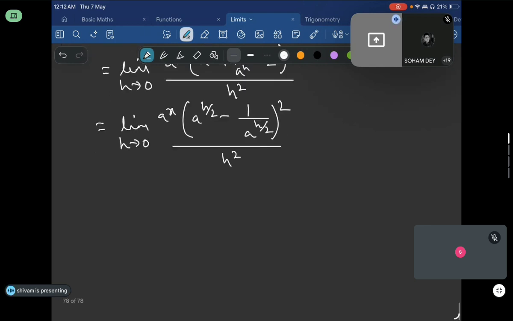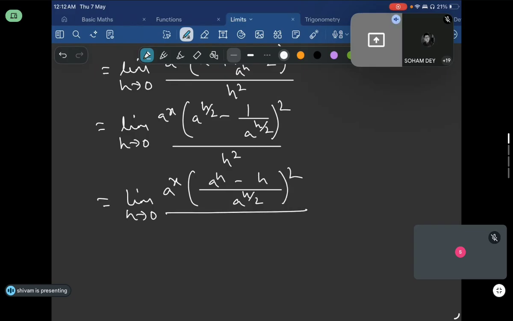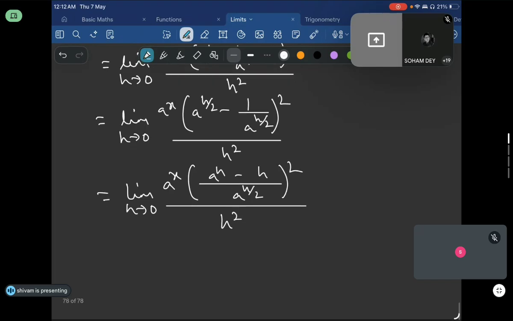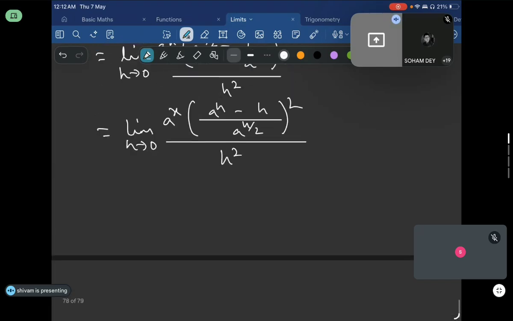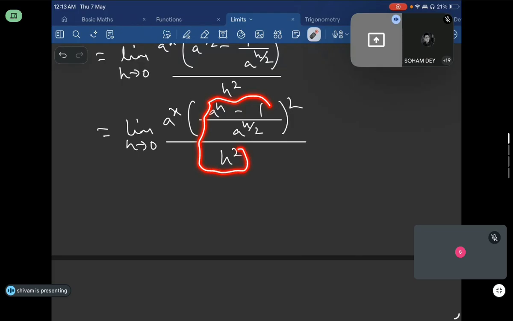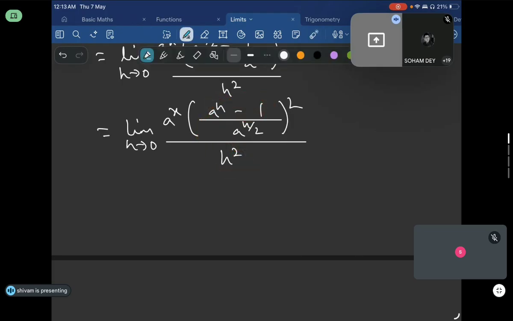Now see, this will become limit h tends to 0. You can take e to the power h by 2 as LCM. This will become e to the power x into e to the power h by 2 as LCM. Numerator would be e to the power h minus 1 whole square. This whole thing is divided by h square. Let us start converting it into standard form. I hope you can see e to the power h minus 1 upon h, this is the standard form.